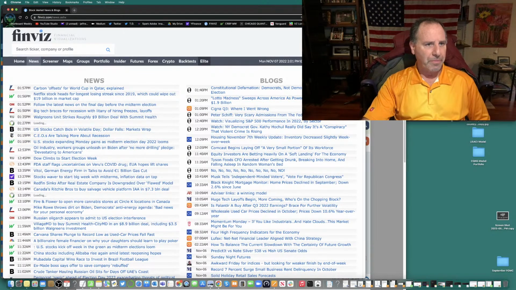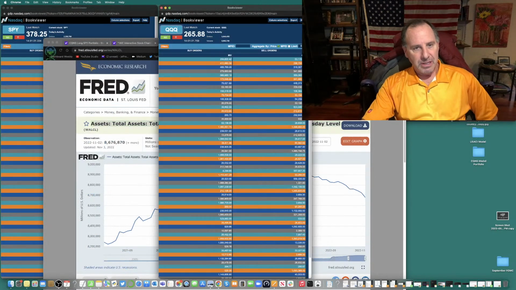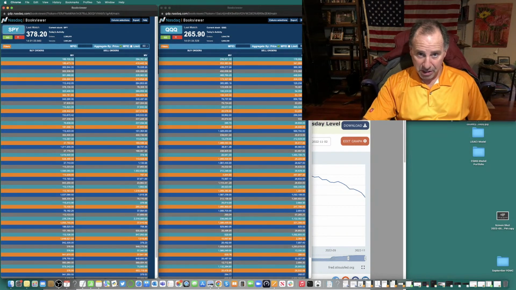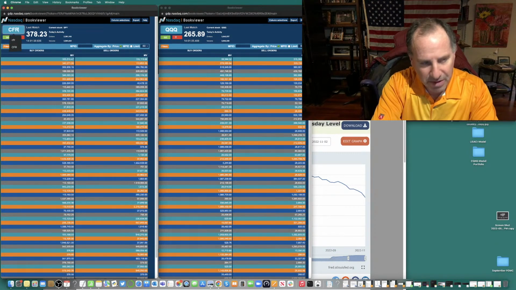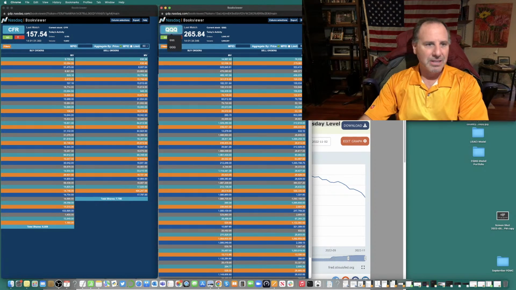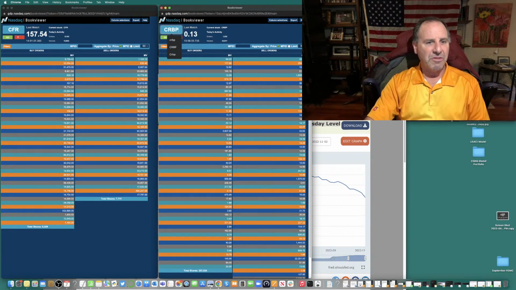So net, liquidity's dropping. Top of the book liquidity is dropping. Seems to be lower than expected. You look at stocks that we follow. Look at that. $630, $1,000.